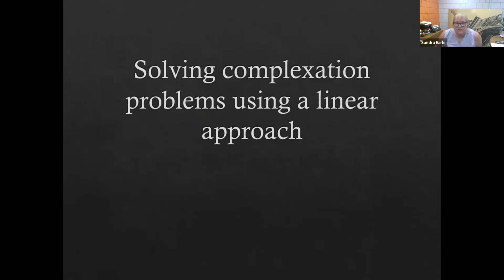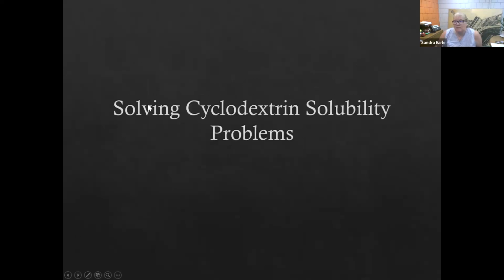So, as you know, I'm going to advance the slide here. Not sure exactly what you're seeing, but we're going to first use this to solve cyclodextrin solubility problems. Remember, cyclodextrin is that cool donut that we can use for lots of things.